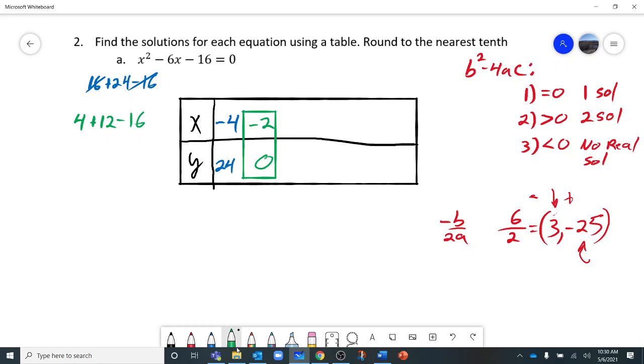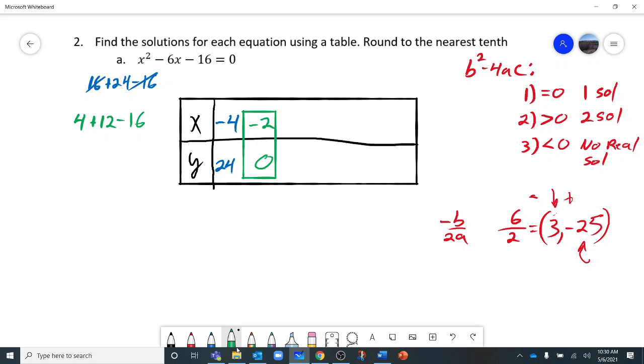And what we can do now is, because we have an answer and we know that it's to the left side of our vertex, we also know that to get from negative 2 to positive 3, that's a distance of 5. And because they're symmetrical, the other solution should be 5 in the other direction, so 5 to the positive.